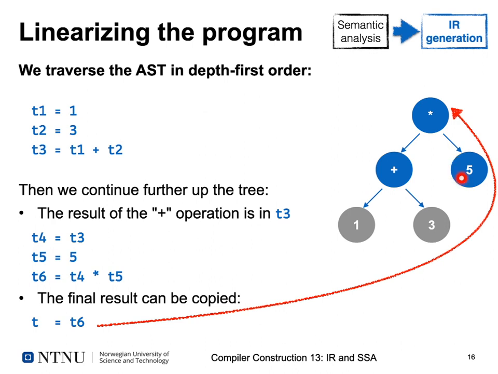We can copy the immediate value 5 into register T5. And finally, we can combine the two new intermediate results in T4 and T5 with a multiplication operation and store the result in T6. And then finally, we could copy the final result of our multiplication out into some receiving variable T.